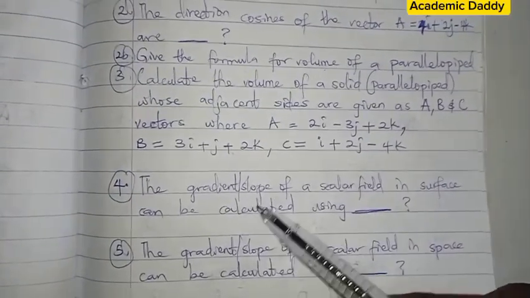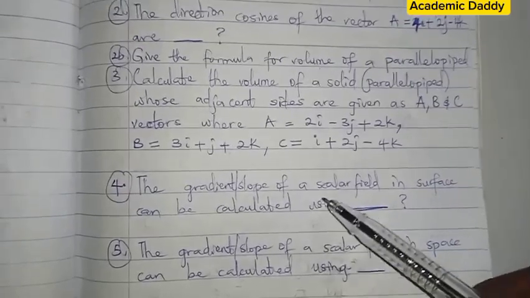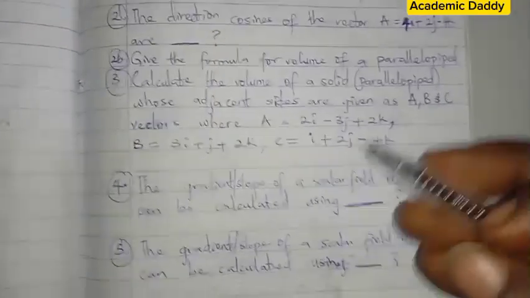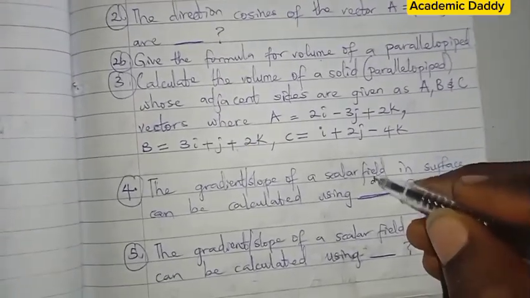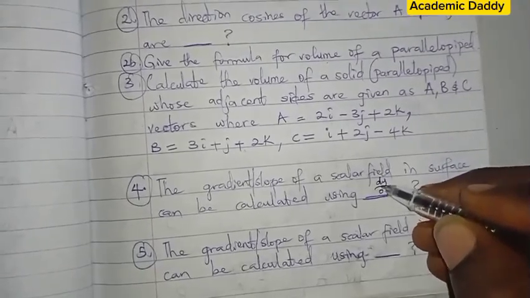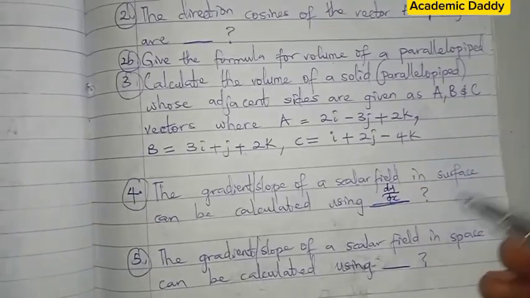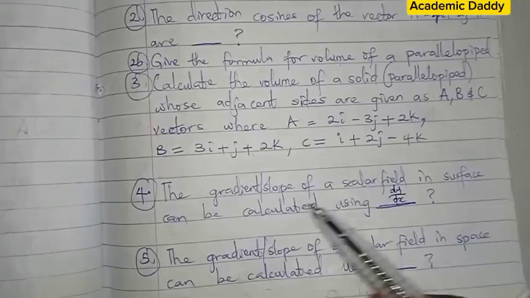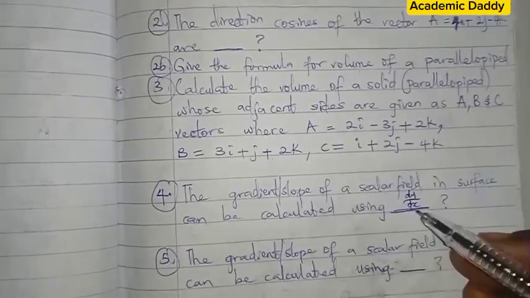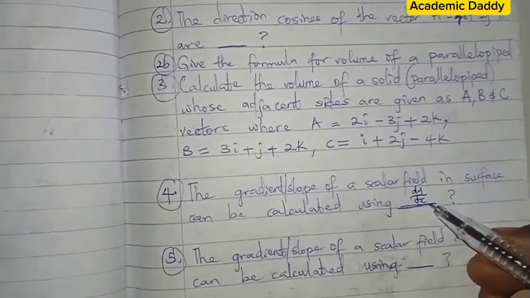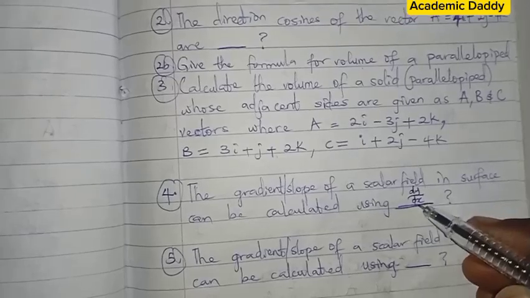So thank you. Okay, they say the gradient or slope of a scalar field in a surface can be calculated using dy over dx. Gradient is just another name for slope. I know that when you do your slope, you normally use change in y over change in x, vertical over horizontal.